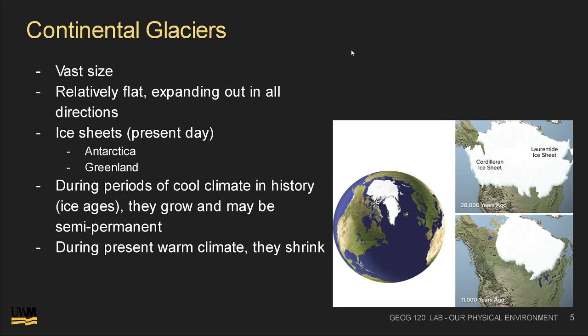The two main ice sheets today, present day, are in Antarctica, which is basically the whole continent covered in a massive ice sheet, and the island of Greenland, also mostly covered by a giant sheet of ice. And there's so much ice on these ice sheets in Antarctica and Greenland.